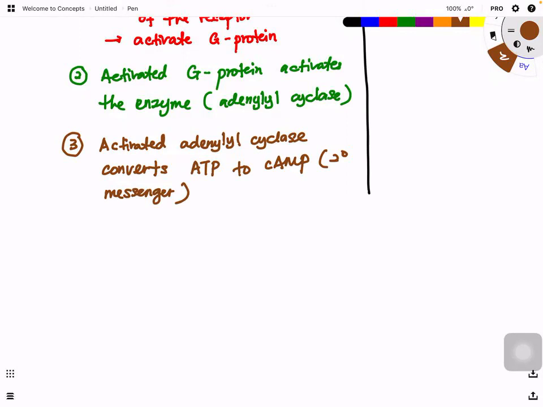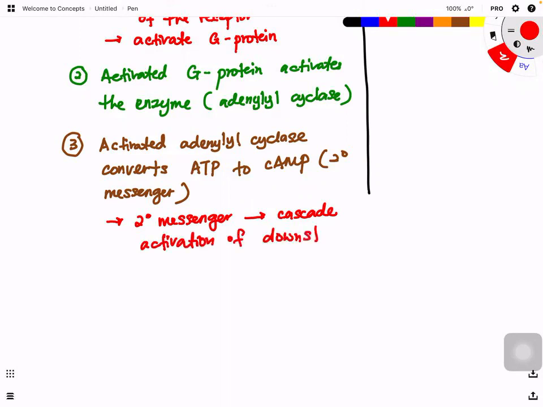So what will this second messenger do? The second messenger will be involved in the cascade activation of downstream components. Downstream means after that one, either a protein or an enzyme.